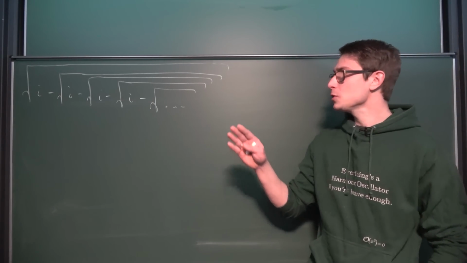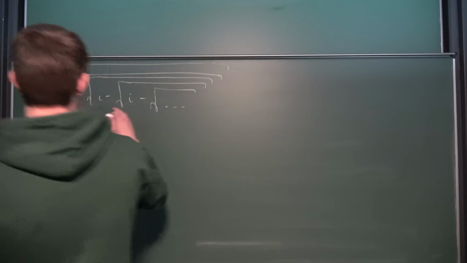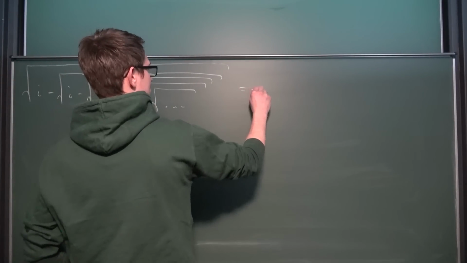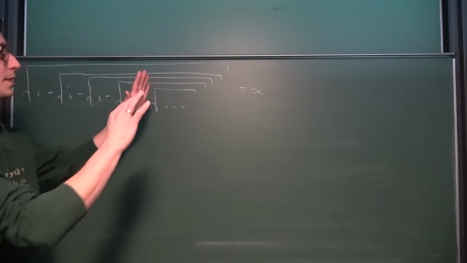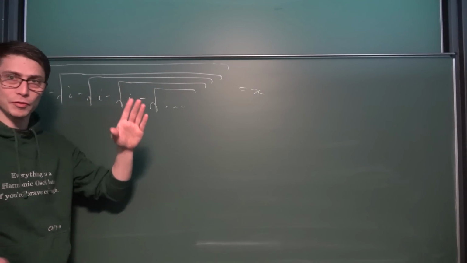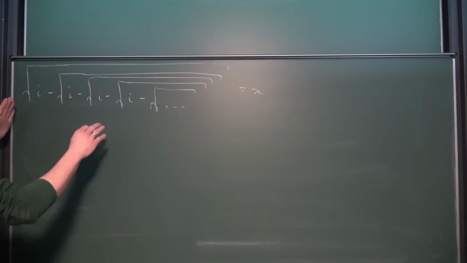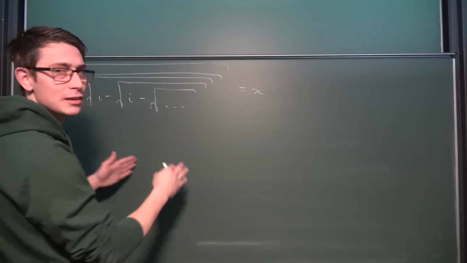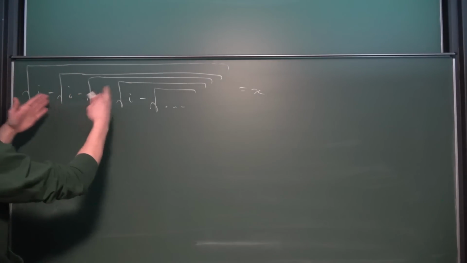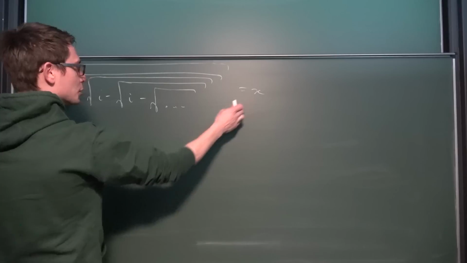So the thing you normally do on nested radicals is that you just say this right here is equal to some x, because we want to solve for this very x. Now the cool thing about nested radicals is if everything is repeating, then since this part is infinitely often repeating and nested in and of itself, this part over here is the same as our original x.